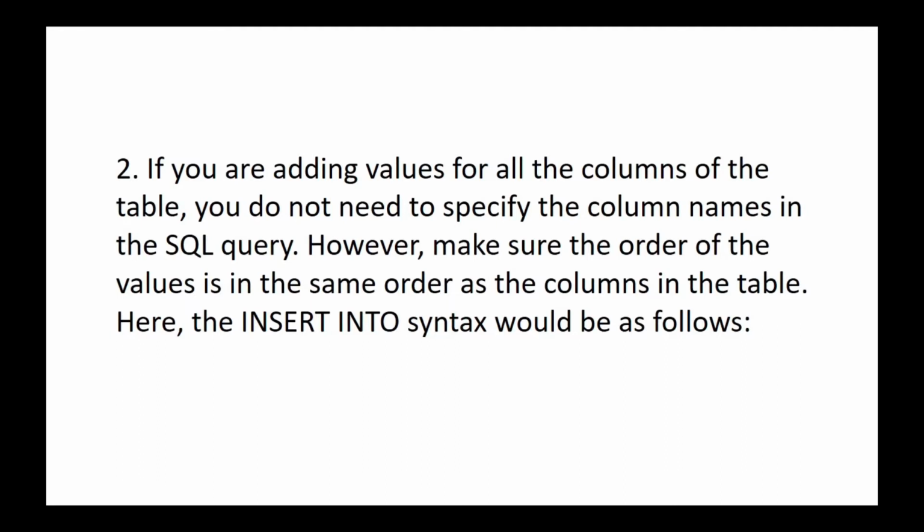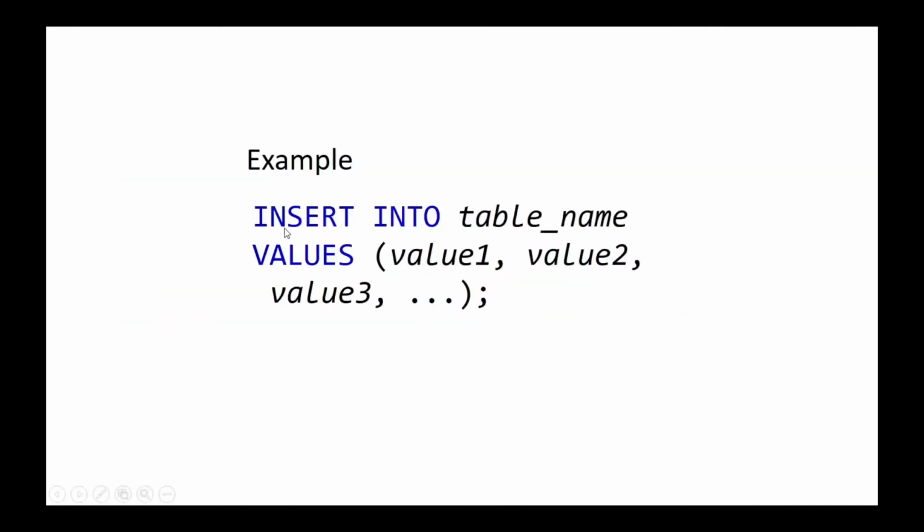However, make sure the order of the values is in the same order as the columns in the table. So right here we have our INSERT INTO, the table name, then our VALUES. Then we have 3 values right here, which means in the table we only have 3 columns. Because if we have more than 3 columns and you're trying to just insert 3 values, you're going to have an error, so it's not going to work.